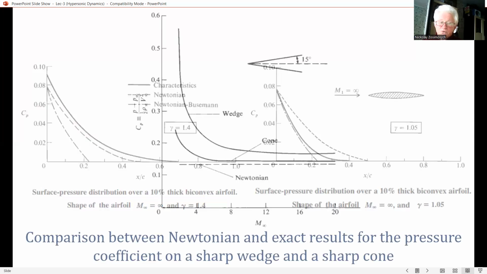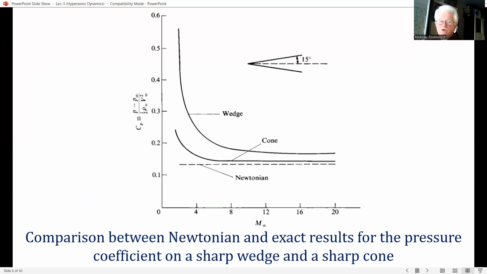As a final note on our discussion of Newtonian theory, consider this figure. Here, the pressure coefficients for a 15 degree semi-angle wedge and cone are plotted versus free-stream Mach number for gamma 1.4.